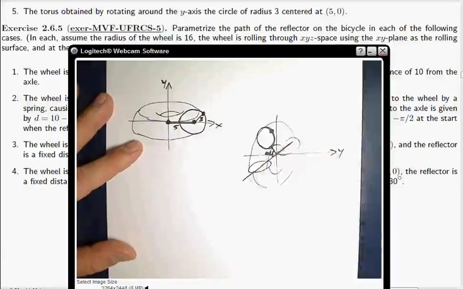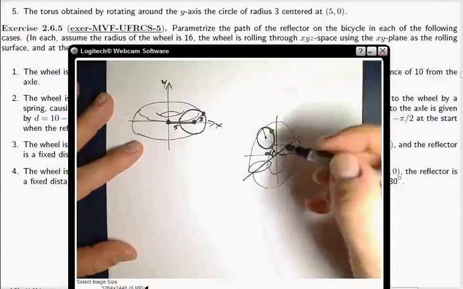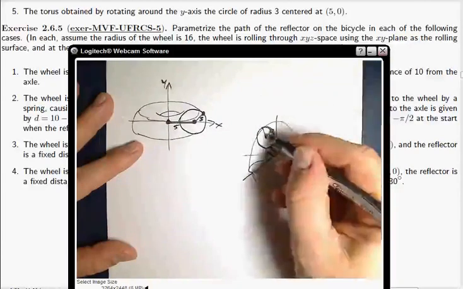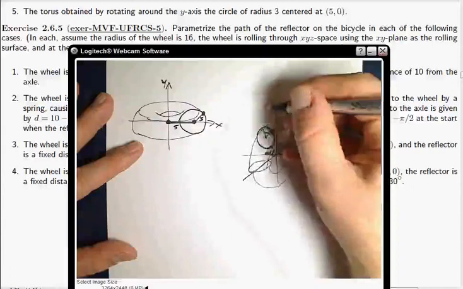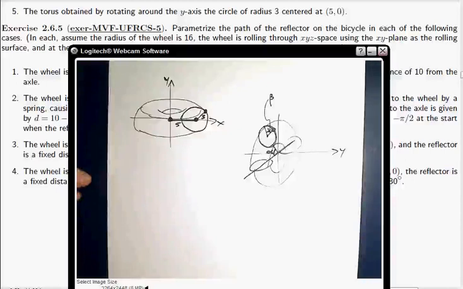And then I've got a different angle, out of the XZ plane. There's this angle, beta. That makes sense? That picture isn't very good, is it? Well, I think I can just make do with that.